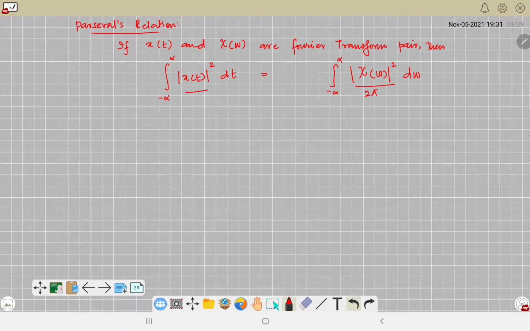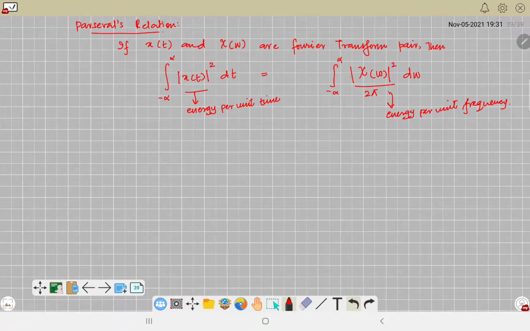So this term here, x of t whole squared, is basically the energy per unit time. So we find the energy per unit time and then integrate over all the time. Alternately, we can find the energy per unit frequency. So this relation here is the energy per unit frequency, and then we integrate over all the frequencies to get the total energy content.